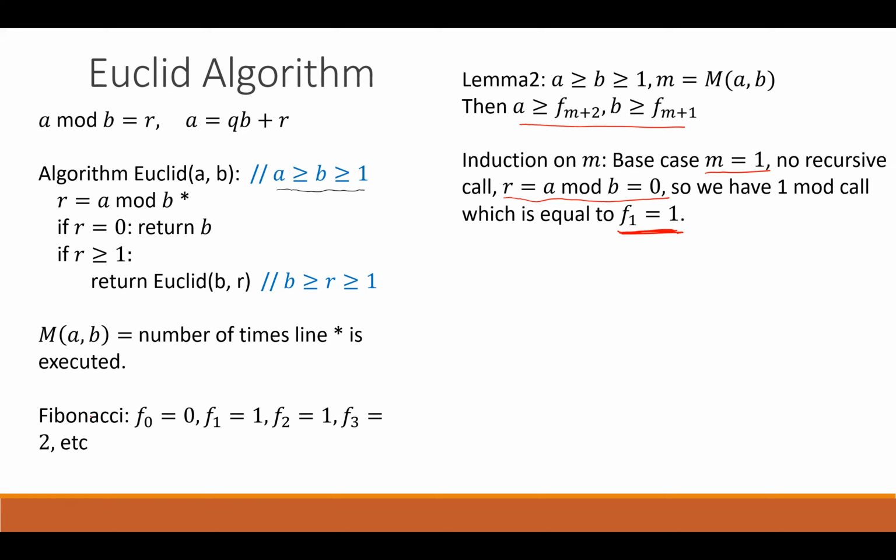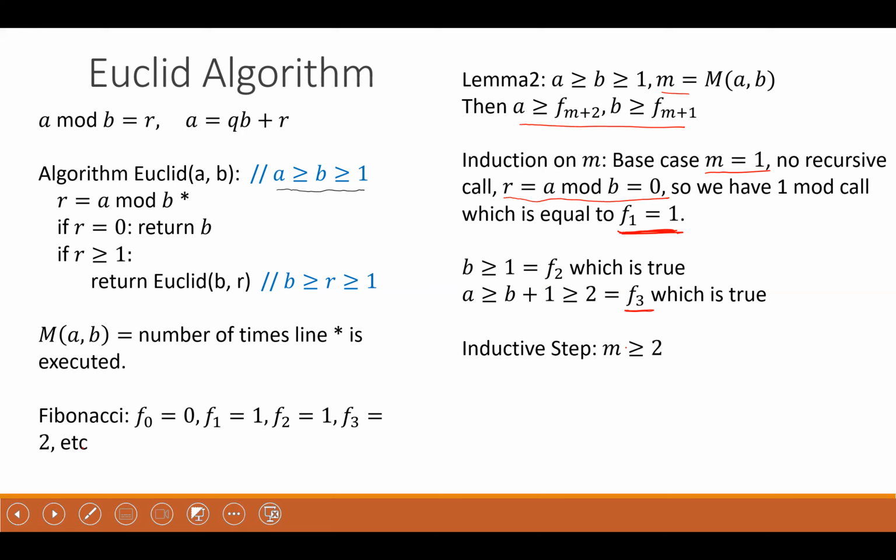Now we'll look at M greater than 1. Since B is at least 1, which is f of 2, and A is a little bit greater than B, otherwise we would have returned right away, A is at least f of 3. So we have the Fibonacci relation f3 equals f2 plus f1, and our base case is true.